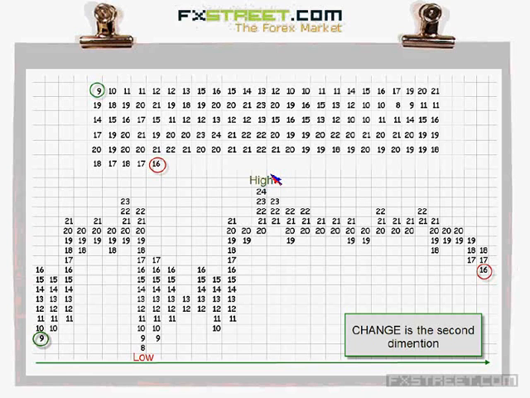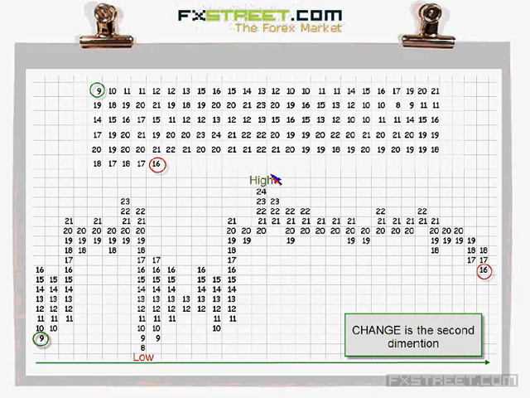But the horizontal axis, which in other chart types like bar charts or Japanese candlestick charts has a constant time interval, here has a second dimension, which is the change.